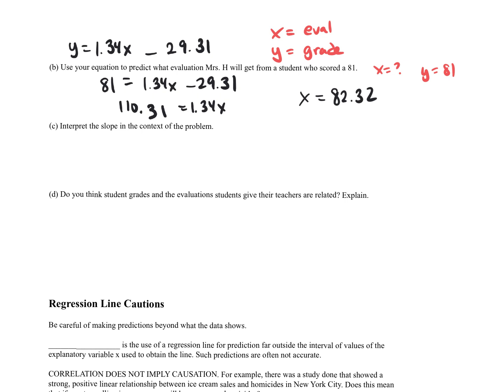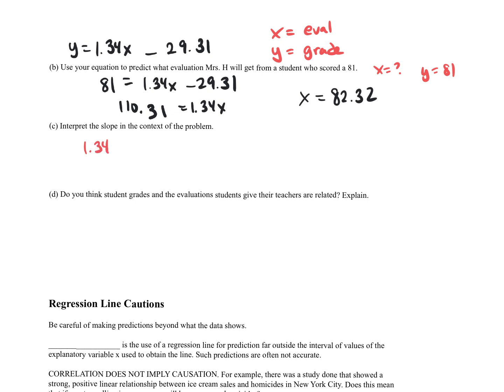So if you looked at the correlation, obviously the correlation was very strong. It was 0.9. So it's a very good chance that if you got a good grade, you were going to give a good evaluation and vice versa. So the slope in this case is 1.34.